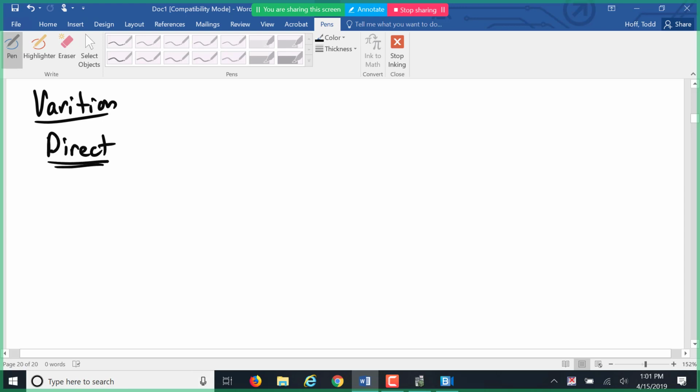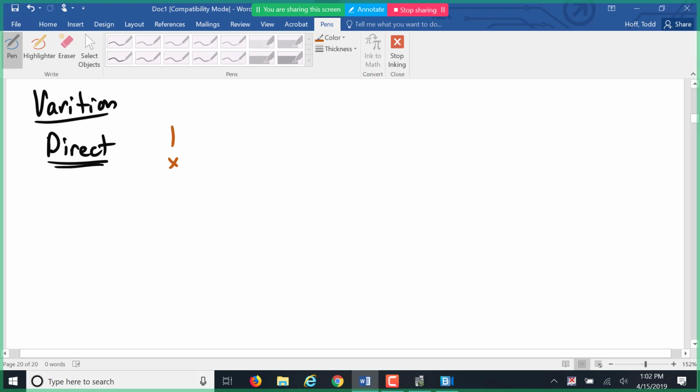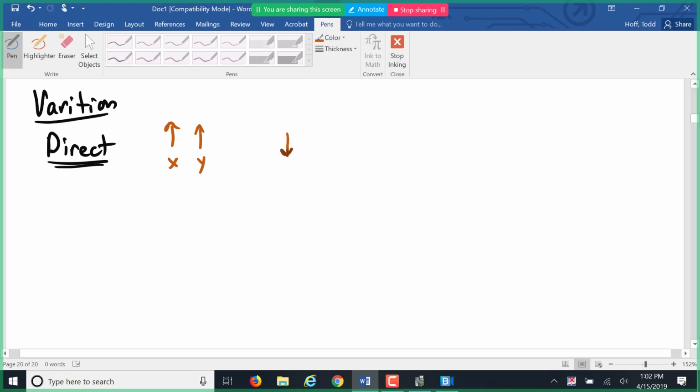In direct variation, if one number gets larger, the other number has to get larger in a related manner. Or you could look at it the other way around. If one number got smaller, the other number also gets smaller in a related manner.